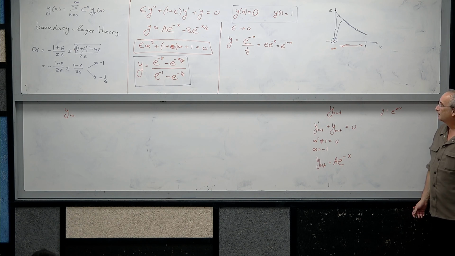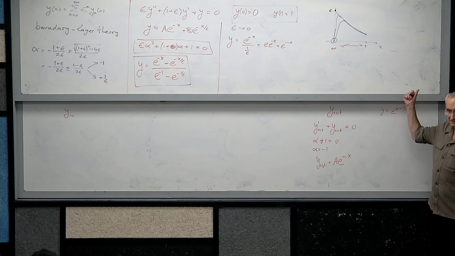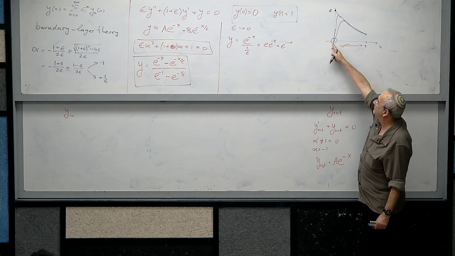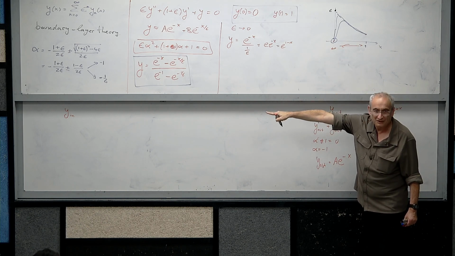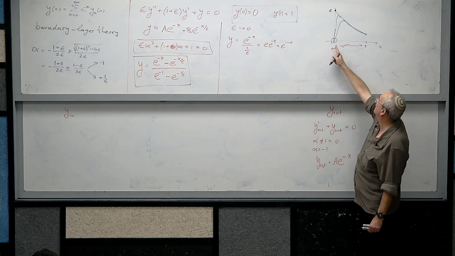Okay? Now, which boundary condition is irrelevant? The right one, right? Because the left one is in the realm of y in. We are not talking about the left one. We are talking about the right one.